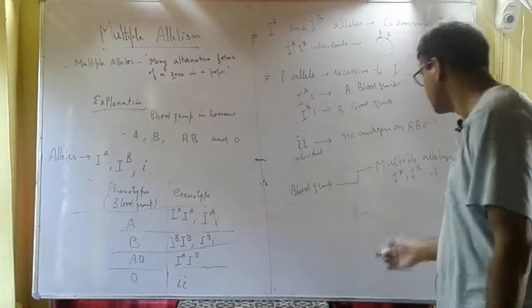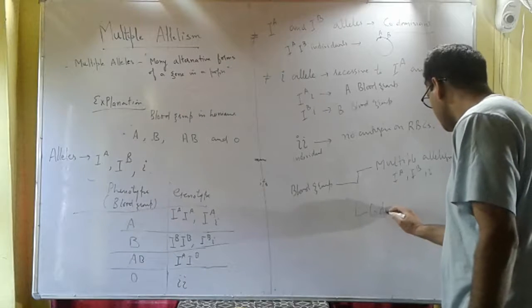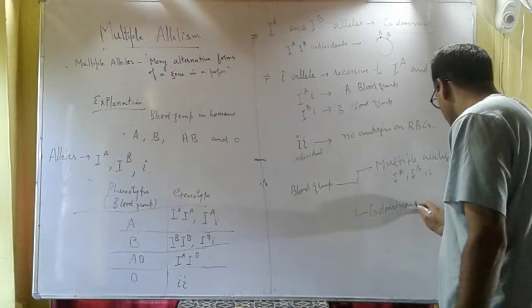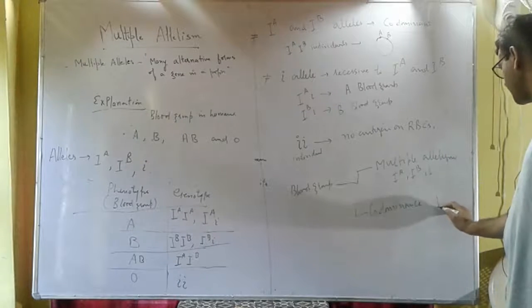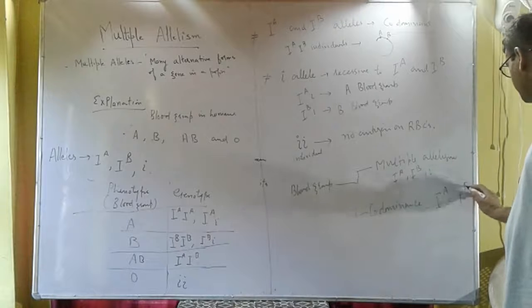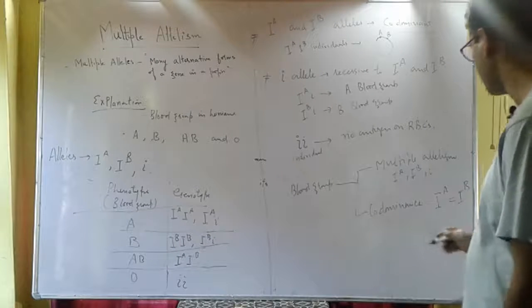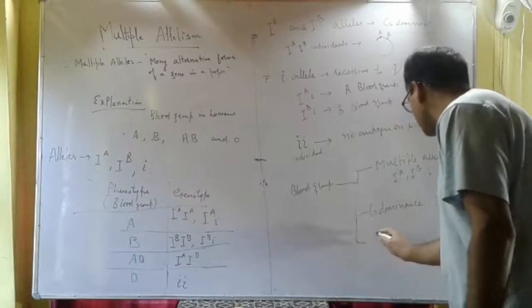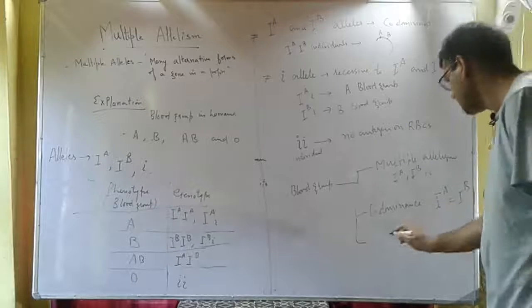It shows codominance, because IA is codominant to IB, and it also shows a dominant recessive relationship.